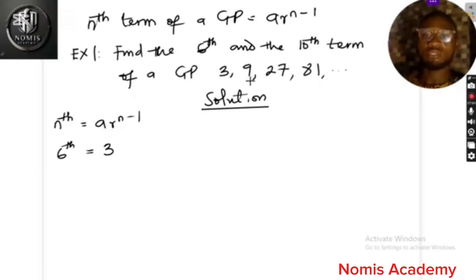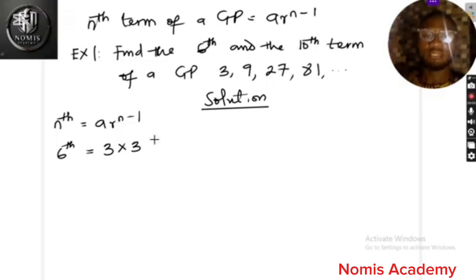Common ratio is second term divided by first term, and third term divided by second term. So 9 divided by 3, you should have 3. 27 divided by 9 is 3. 81 divided by 27 is 3. So the common ratio is 3. So multiply by 3.